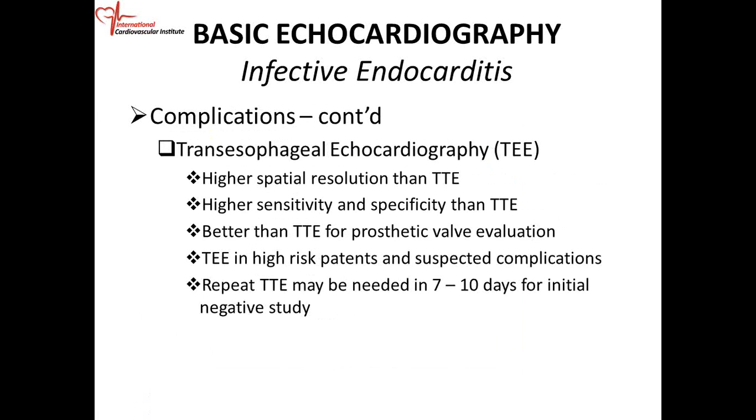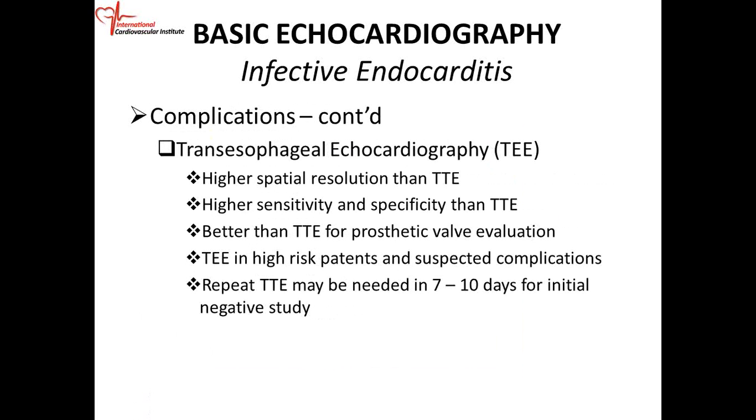So the transesophageal echo is very important to look for if you have very small vegetations, or if you have abscess and fistula. Your transesophageal echo is very important because it has a higher spatial resolution, both lateral and axial resolutions.